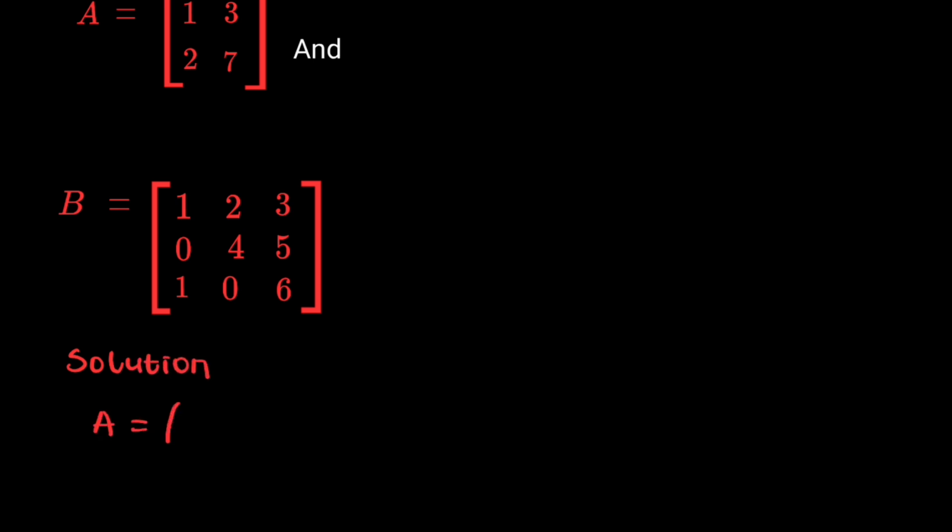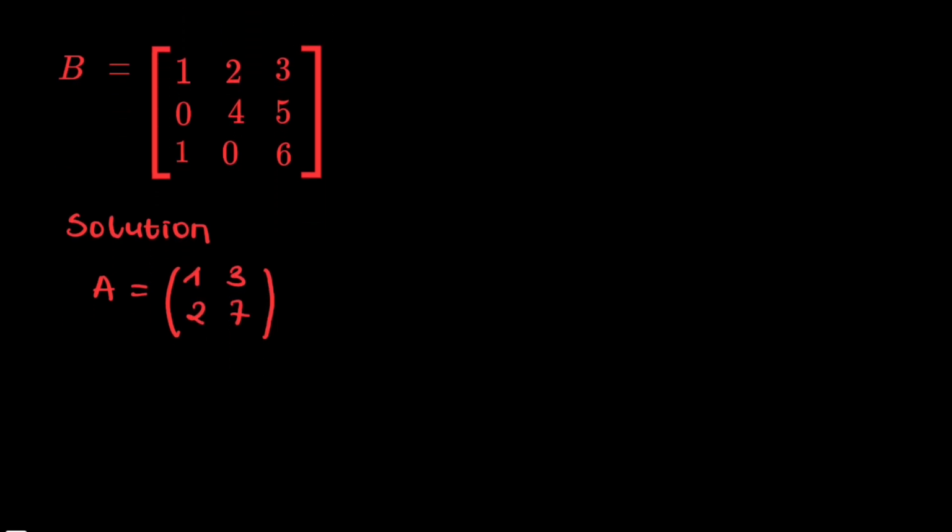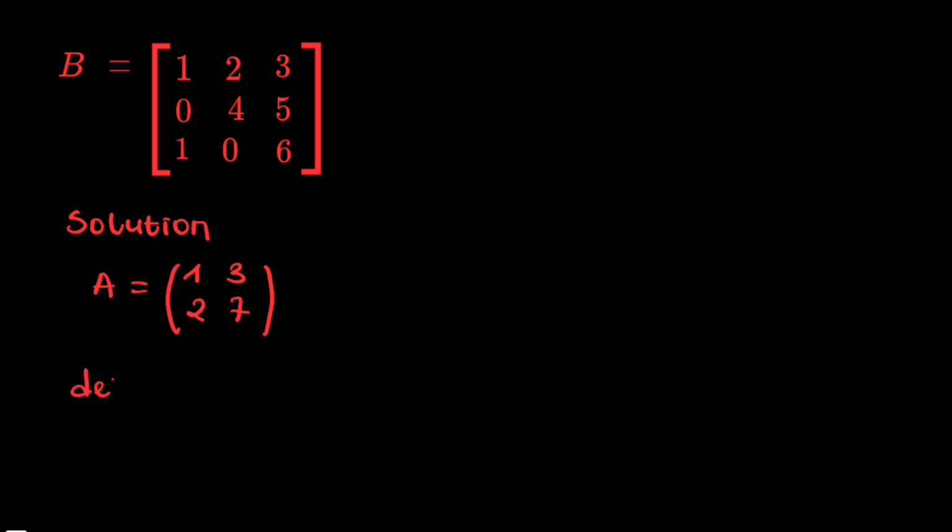So A is 1, 3, 2, 7. To find the determinant of a 2 by 2 matrix, we are multiplying. It is almost like cross multiplication, but the equal to sign is replaced with a subtraction sign.